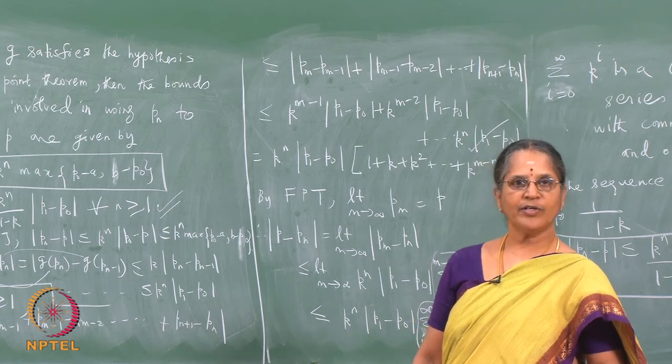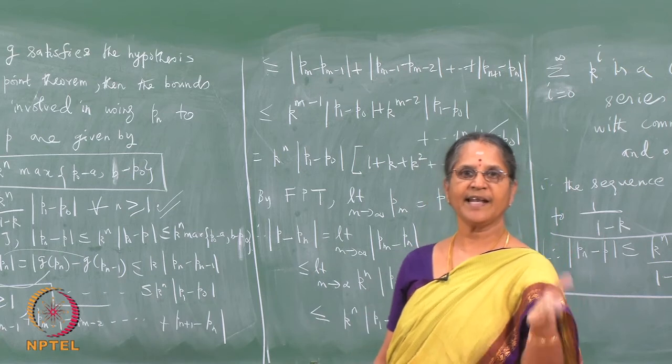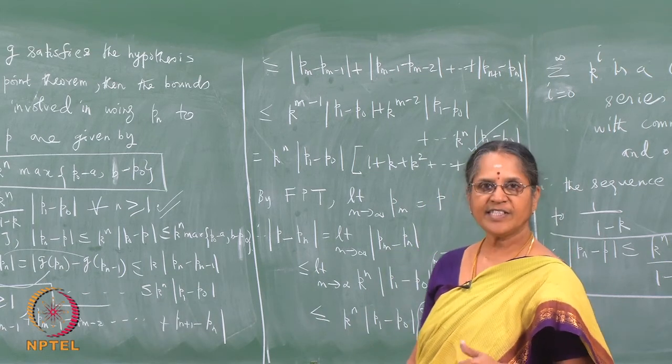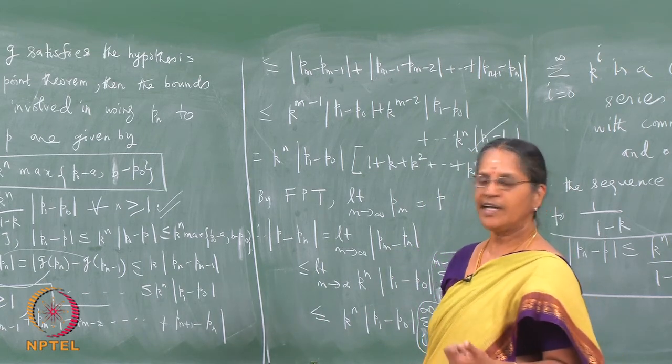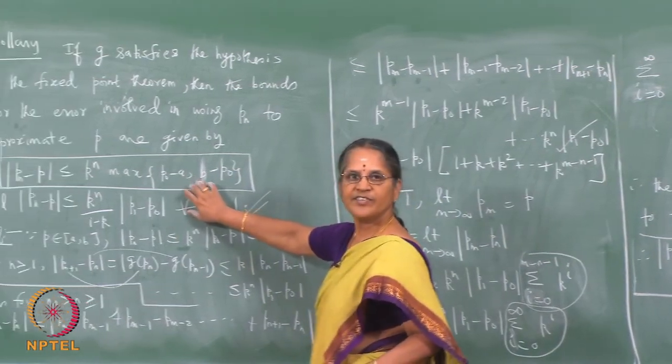Then we wanted to determine the absolute error in taking p_n as an approximation to this unique fixed point, and we have error bounds given in the results of this theorem.